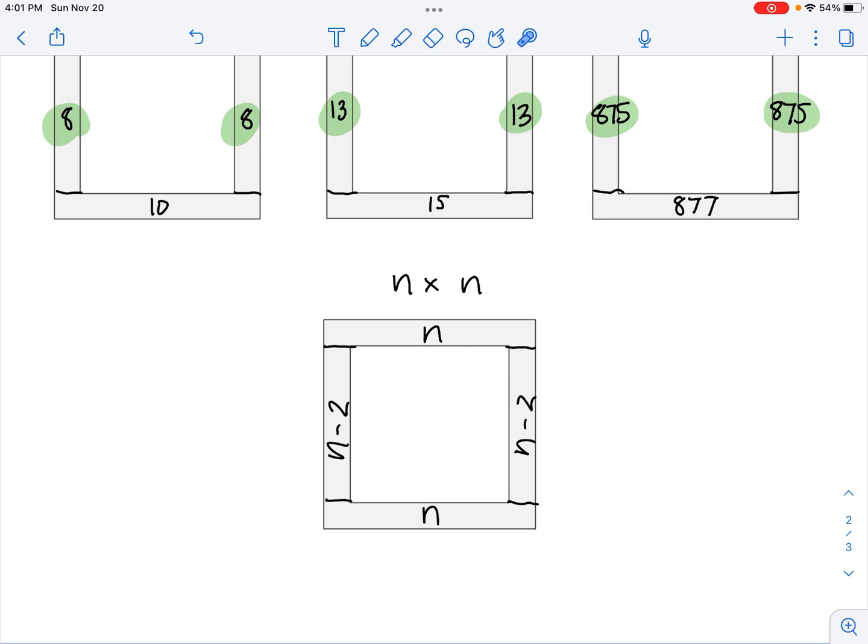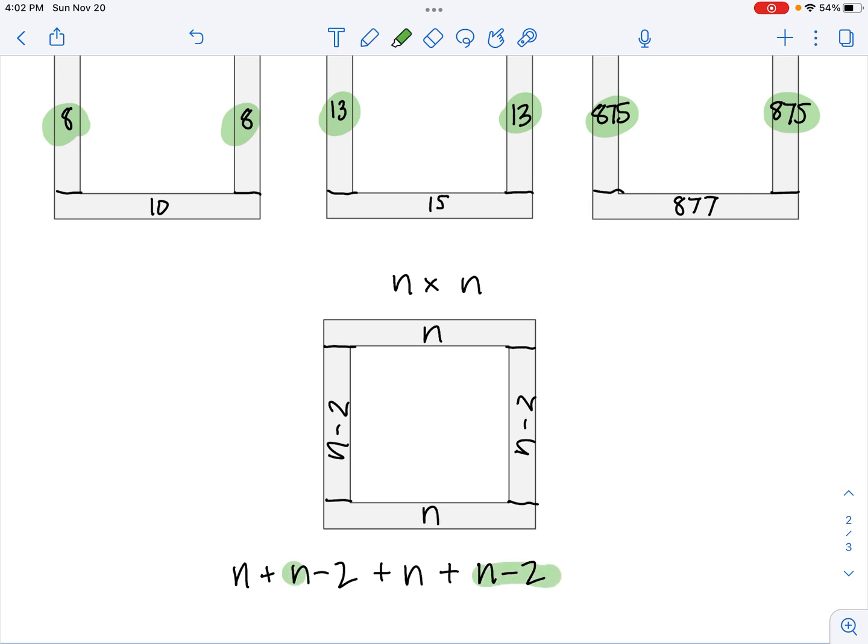And then it asked you to write the long form of the algebraic expression that represents the number of squares in the border. Well, if each section is labeled with how many squares it has, I can figure out the total by just adding all those up. So I'd have n, I'll go around this way, n plus n minus 2 plus n minus 2.